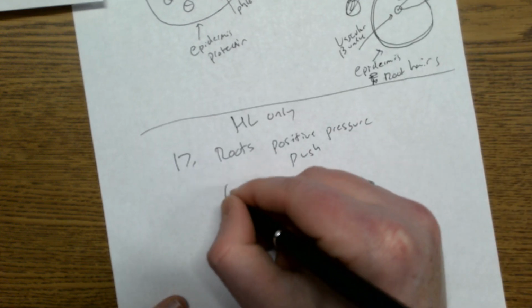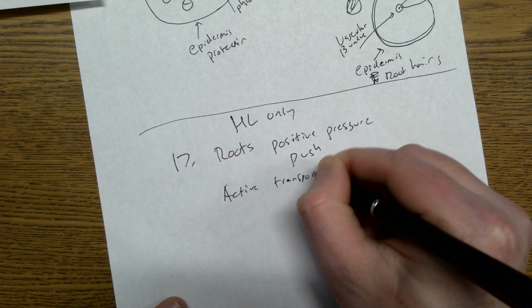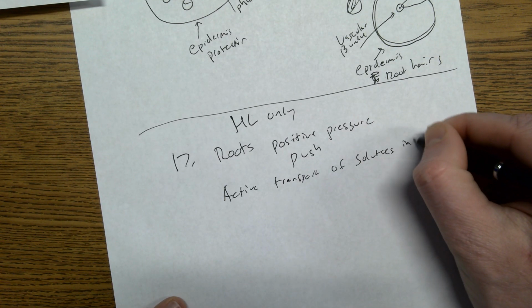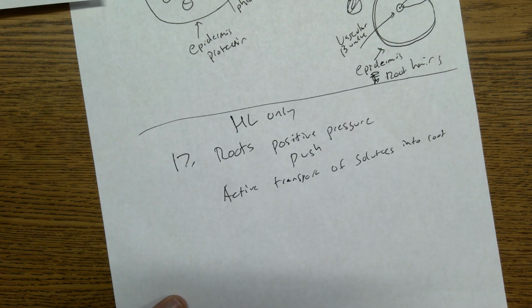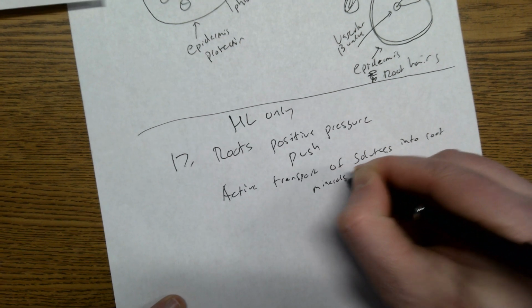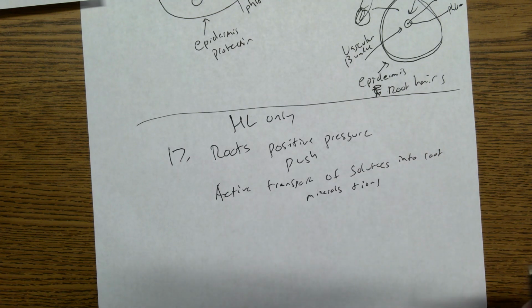That push is created by active transport of solutes into the root cells. You're actively transporting them into the roots. Those solutes are typically minerals and ions, and they affect the water potential.